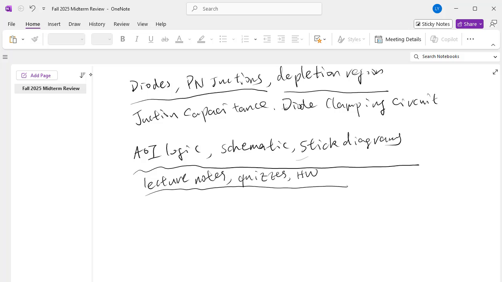problems on the midterm. So I saw a lot of issues when I graded all these assignments for the stick diagram related problems, and I found out a few students are still not getting it at all. So make sure you can definitely convert a logic expression to the AOI logic and schematic and then stick diagram without any problems.